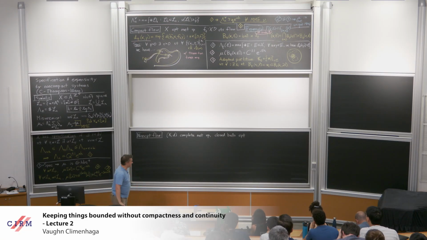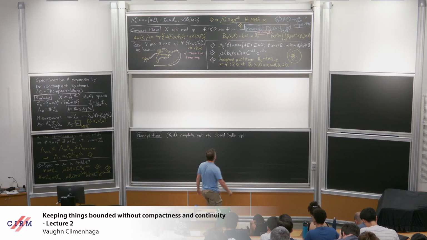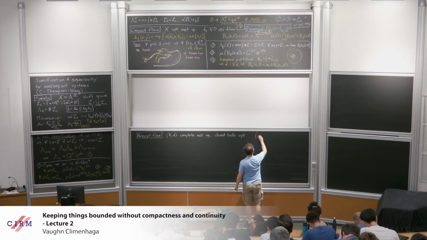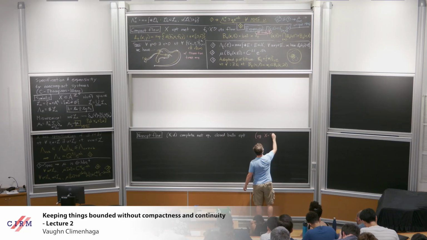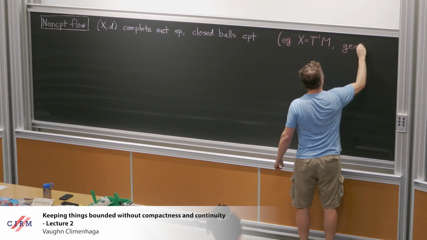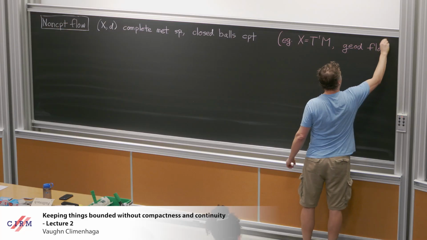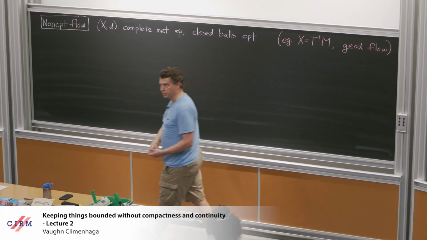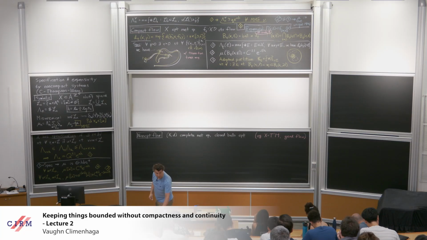As I suggested last time, the motivating example here is that of geodesic flow over a non-compact manifold, and so the phase space in that case would be the unit tangent bundle.